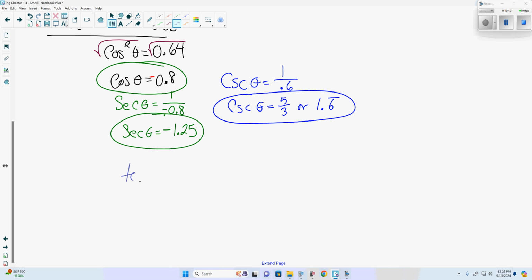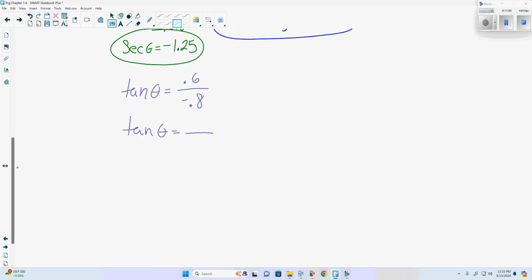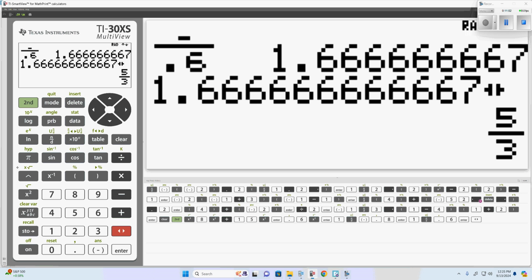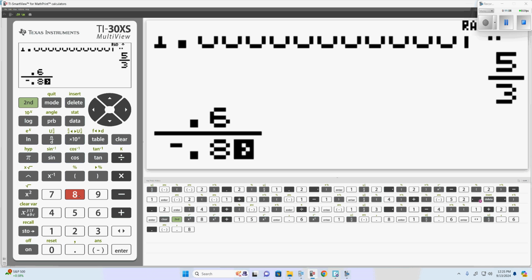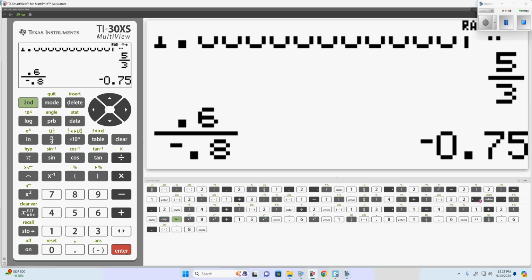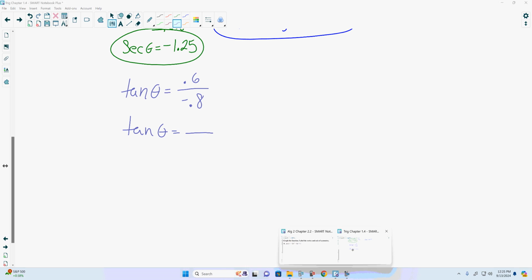Tangent is sine over cosine. Well, that's 0.6 over negative 0.8. And again, we can plug this into the calculator. 0.6 over negative 0.8, negative 0.75 or negative 3/4.